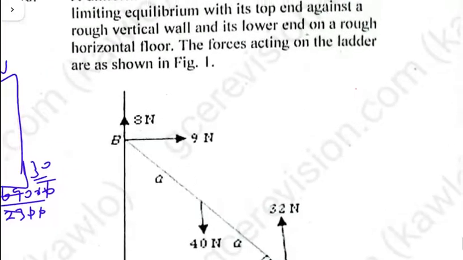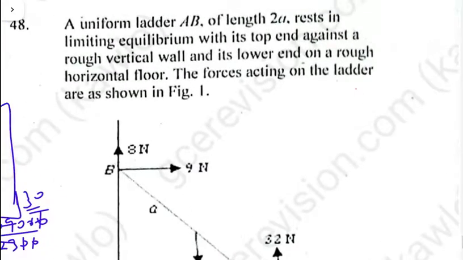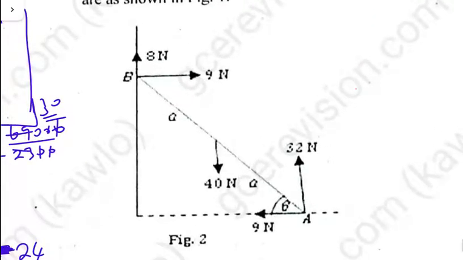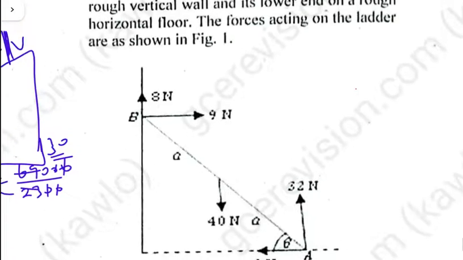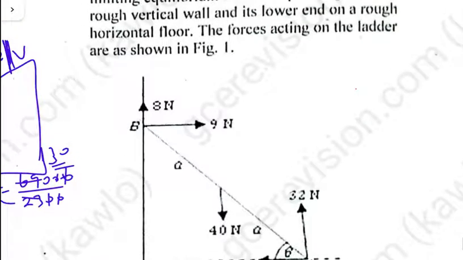So for this diagram, what else have we been given? The length is 2a. It's resting in limiting equilibrium. Its top end against a rough vertical wall, and its lower end against a rough horizontal floor. The forces acting are as shown. So we are going to look for the angle theta.